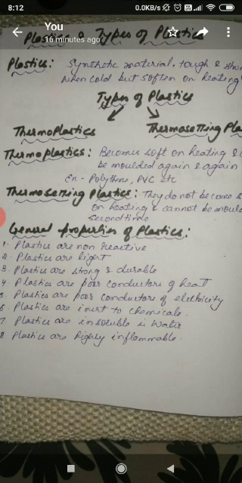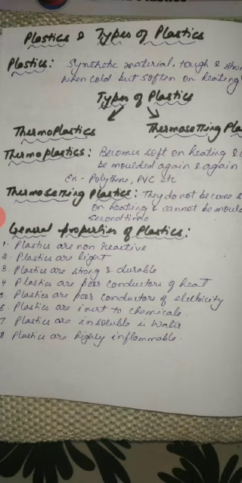The next property is that plastics are light. They are very light in weight, so they are used for making disposable cups and packaging material for fragile items like computers, cell phones, televisions and refrigerators. We are using lots of disposable plates, cups, spoons made up of plastics.